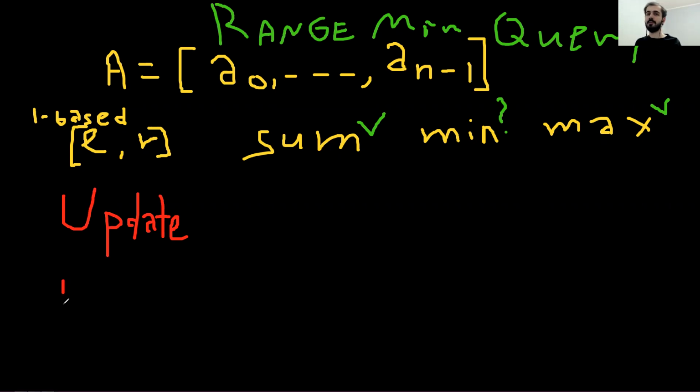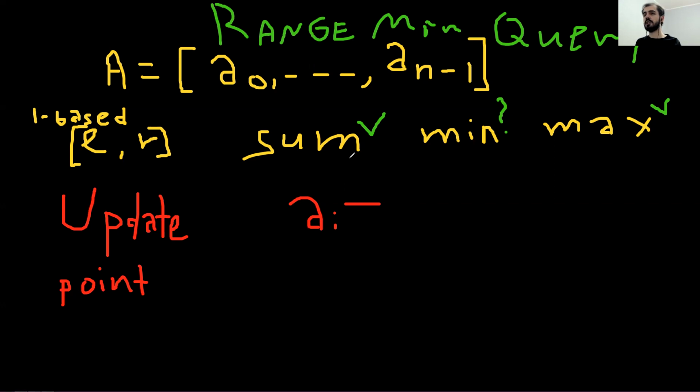Let's first talk about point updates. A point update changes one element. For example, somebody tells you, first I will ask you some sum or minimum queries, and then I will ask you to change some of the elements. For example, I may ask you to assign the value x to a_i, right? And then I will ask you about sums again.